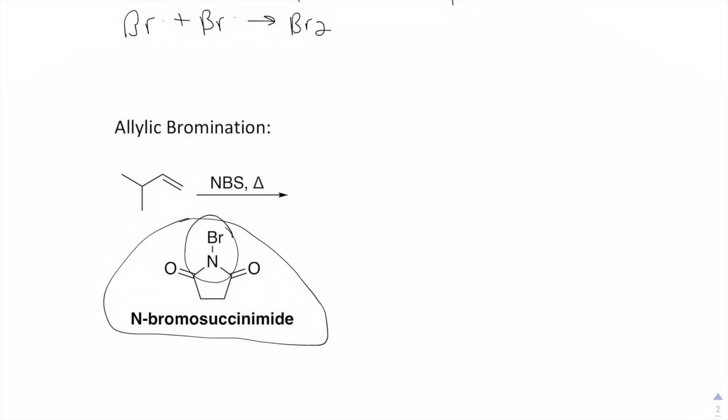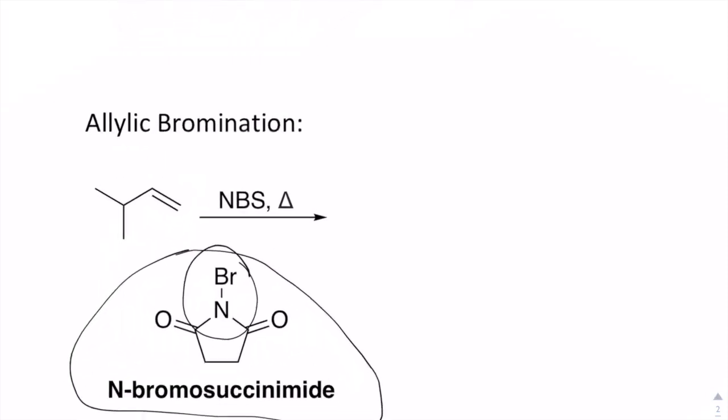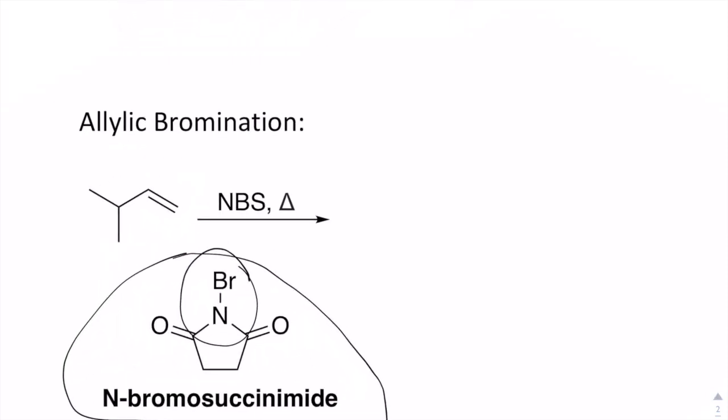So I guess the key mechanistic point is that we're going through an allylic radical. The allylic position is one carbon removed from the carbon-carbon double bond. So it would be this position. So this is the allylic radical. And there's one key point you have to consider whenever you have allylic radicals: they can resonate.